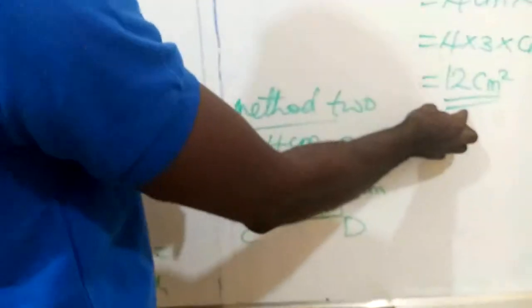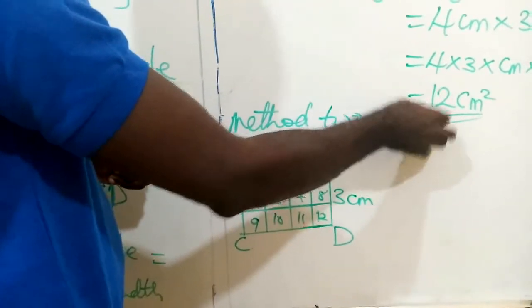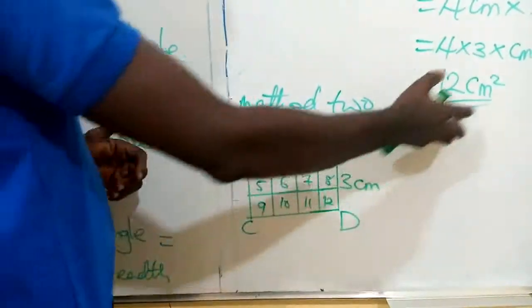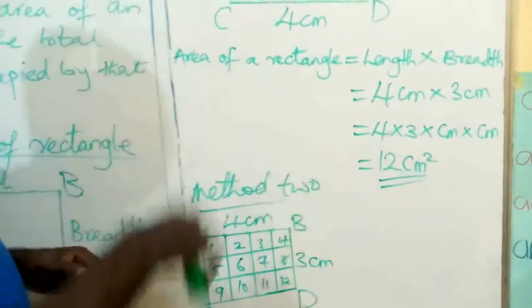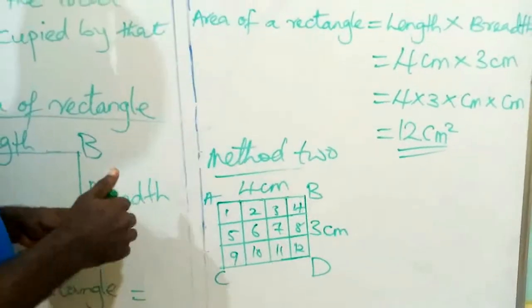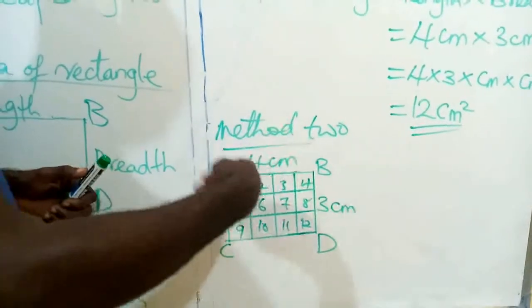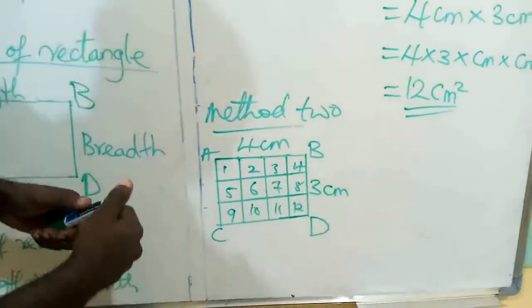You can see 12 square centimeters or 12 centimeters square. So you can use this method or this other method, but it's good you know the two methods because I'll be asking you questions. You'll be answering or solving areas of rectangle using the two methods for me.